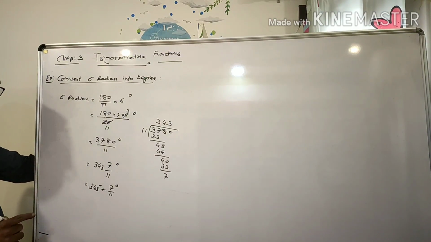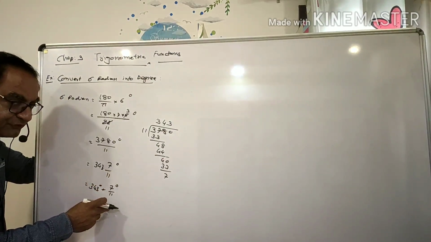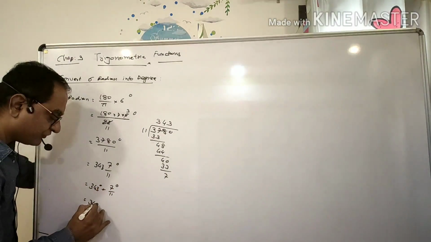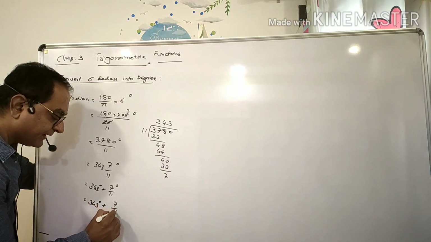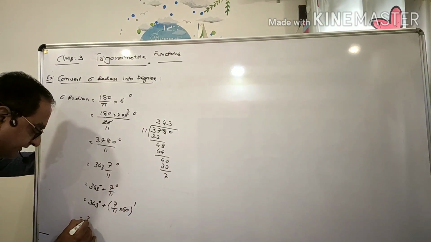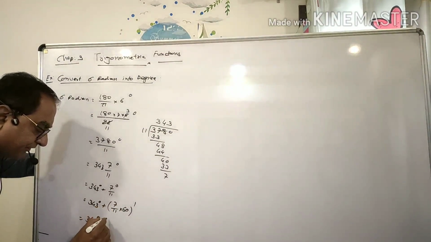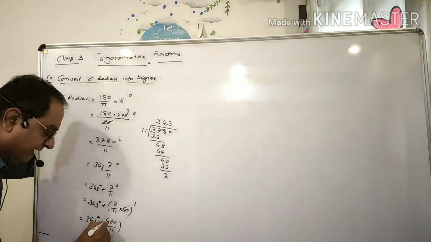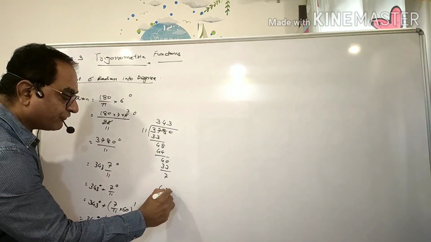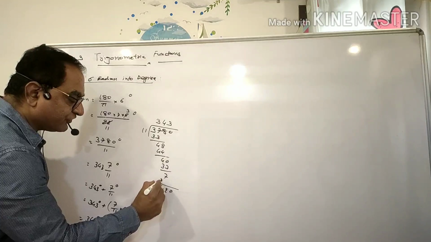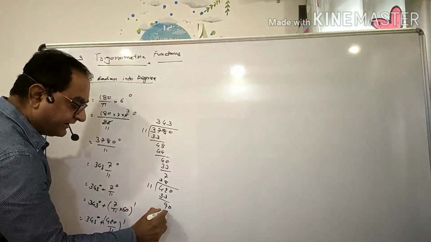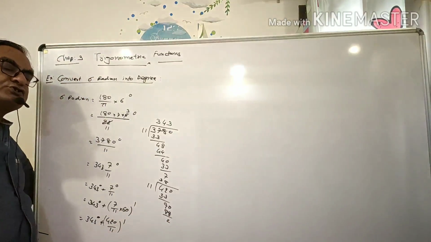Now you are aware of the process. I will convert this fraction part of a degree into minutes. So I can do it like this: 343 degrees plus 7 by 11 into 60 minutes. So it will be 343 degrees plus 420 by 11 minutes. Now we will express this 420 by 11. 11 3s are 33, 11 8s are 88, and the remainder is 2.